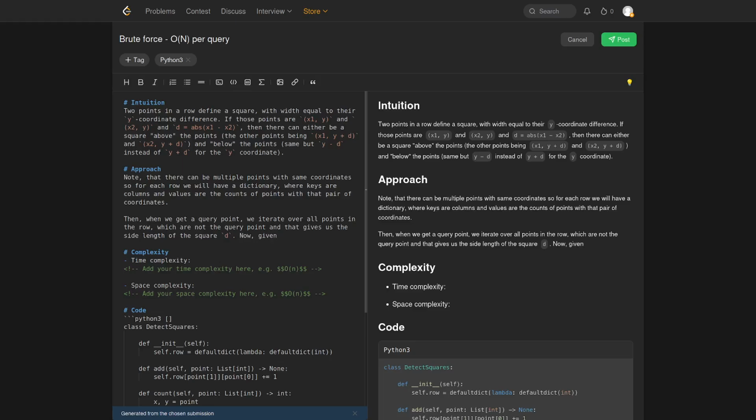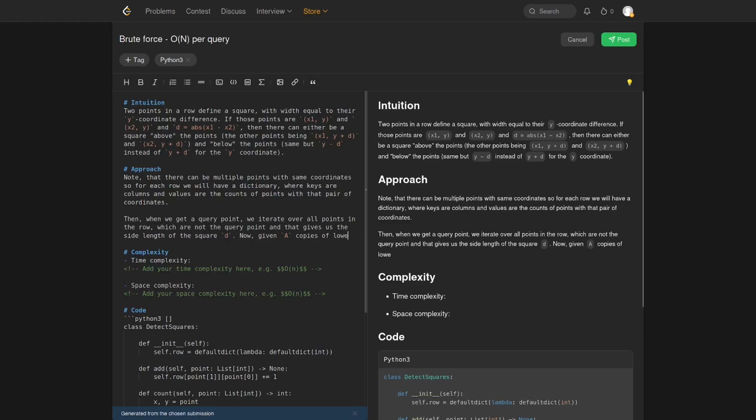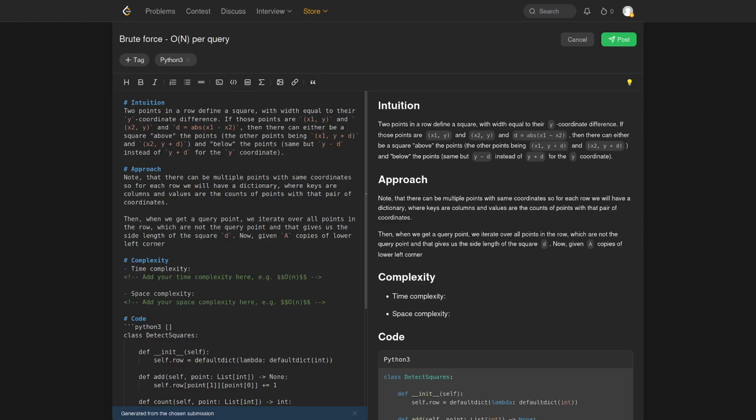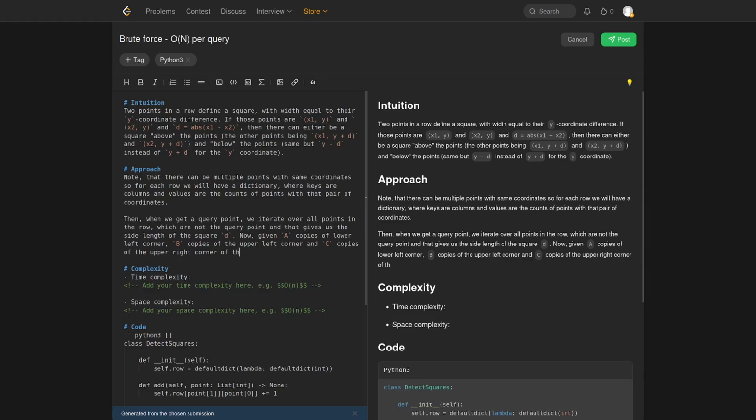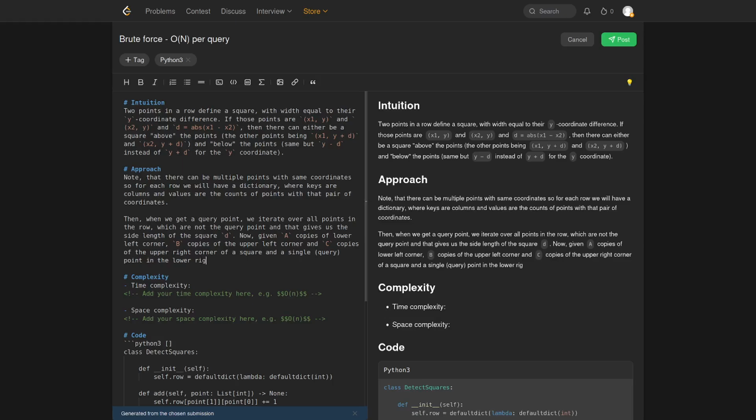Now, given a points, a copies of lower left corner, b copies of the upper left corner, and c copies of the upper right corner of a square and a single query point in the lower right corner. How many squares can be constructed?